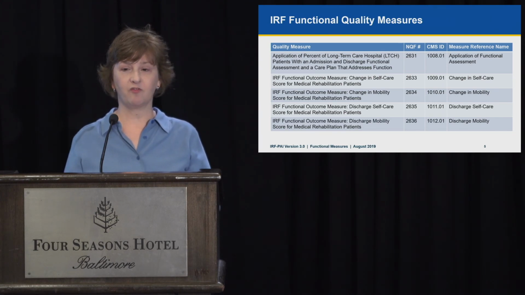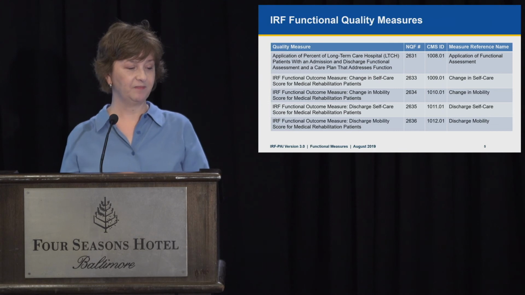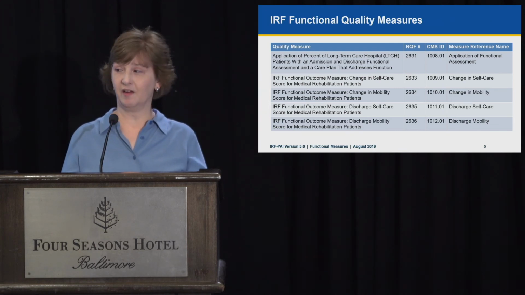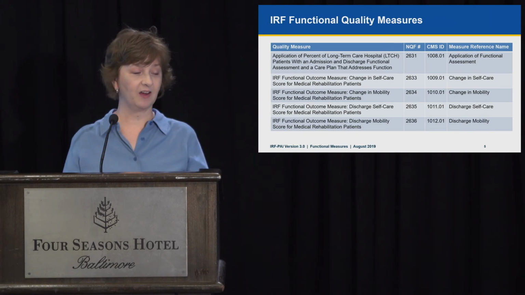There are also 4 functional outcome measures, meaning end results of care, improvement related to function. Two of them are in the area of self-care, and are based on the data that Manisha covered this morning, and 2 of the measures are related to mobility.